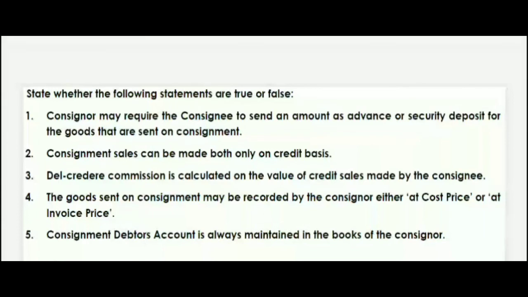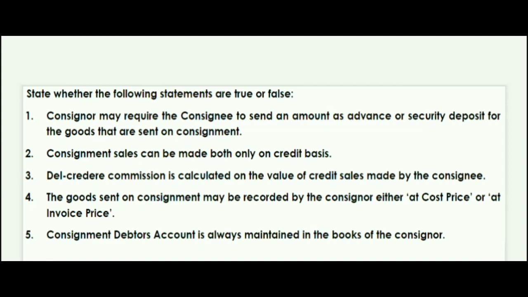Guys, the next question is true and false type. The consignor may require the consignee to send an amount as advance or security deposit for the goods that are sent on consignment. Is it true? So obviously, may is there, it can be there. Obviously it can. Next is consignment sales can be made only on credit basis. That's not true. That's false.